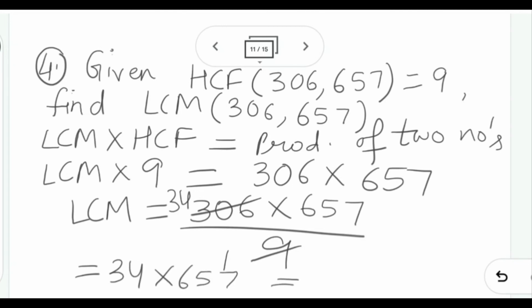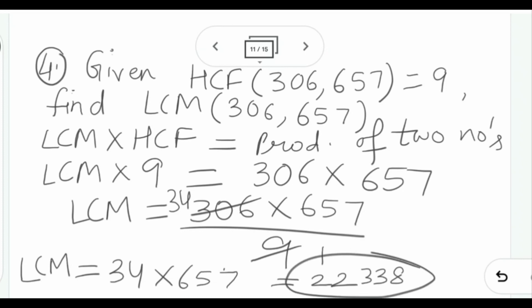On multiplying these 2 numbers, we will be getting the answer, that is the LCM of these 2 numbers. So on multiplying it, we will get 22,338. So 22338 is the LCM of these 2 numbers. This is the required number.